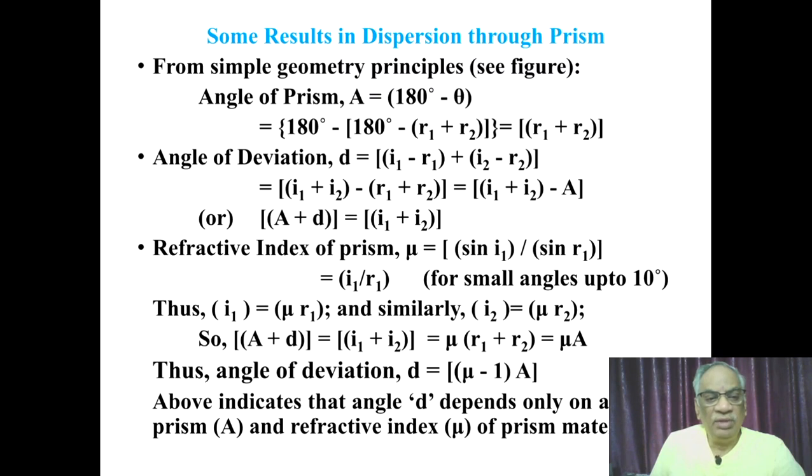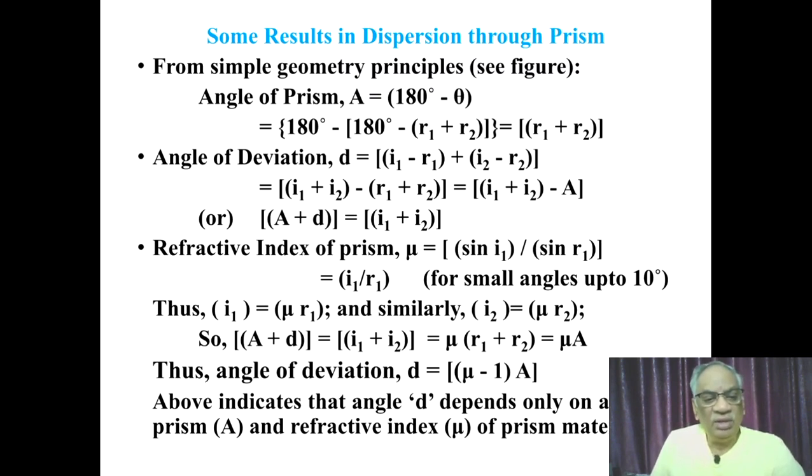So the angle of prism A becomes R1 plus R2. So angle of deviation D is equal to the difference between I1 and R1 plus the difference between I2 and R2. That is D is equal to (I1 minus R1) plus (I2 minus R2). That is (I1 plus I2) minus (R1 plus R2). That is I1 plus I2 minus A, because R1 plus R2 is A, as shown above.